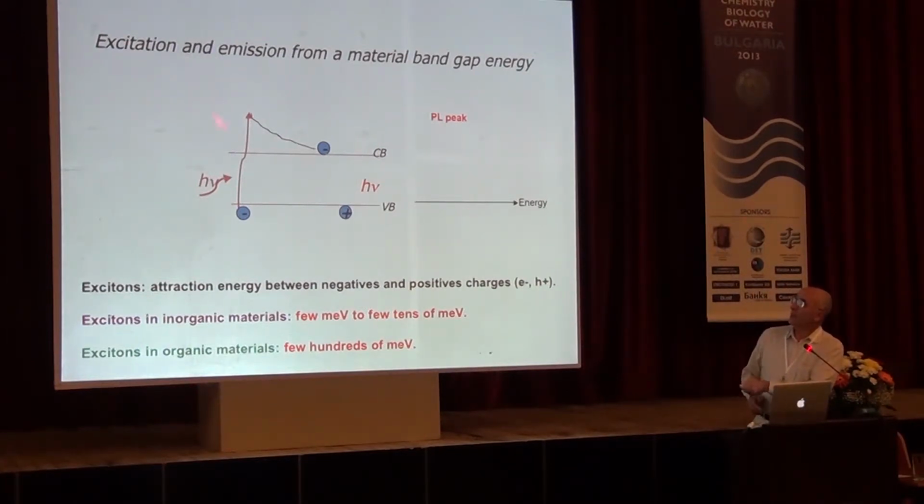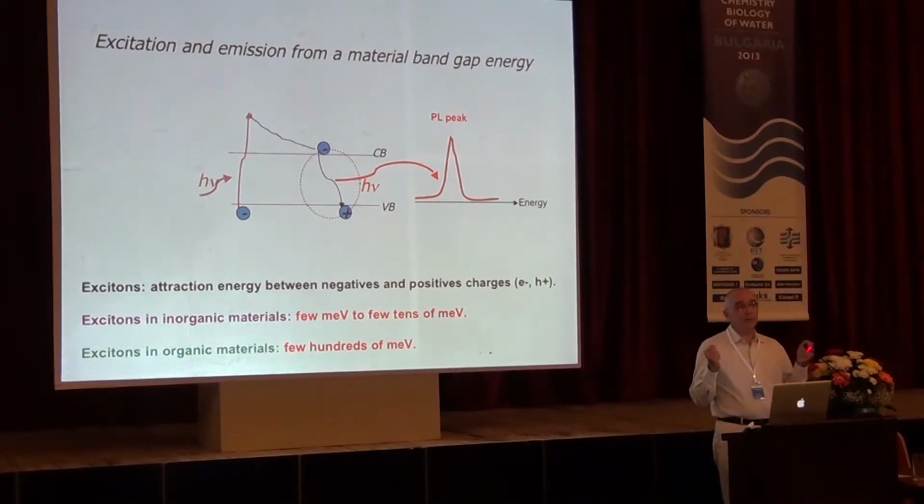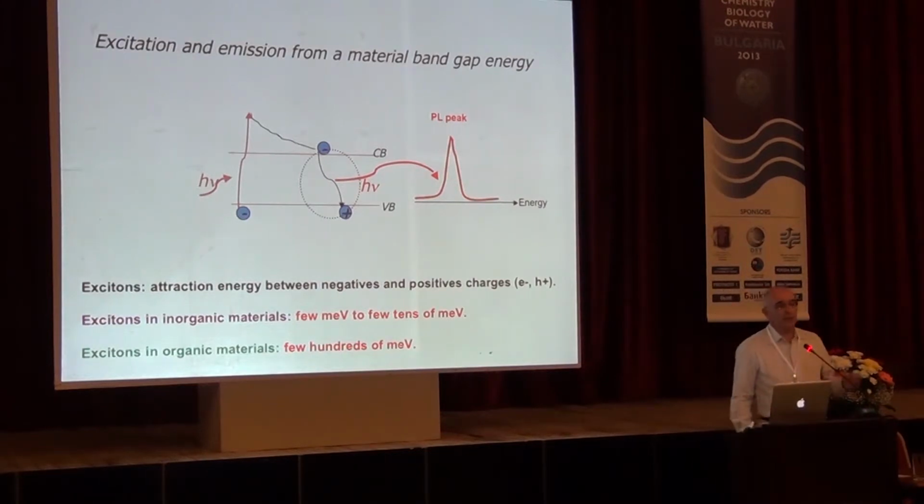I'm exciting this electron from here to here. It thermalizes and it can emit light, like this one. So we have to consider that both have this attraction, excitonic attraction. And for inorganic materials, this attraction can be very low, a few millielectron volts.